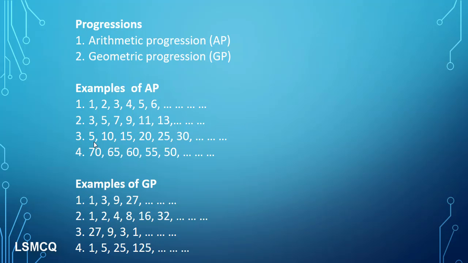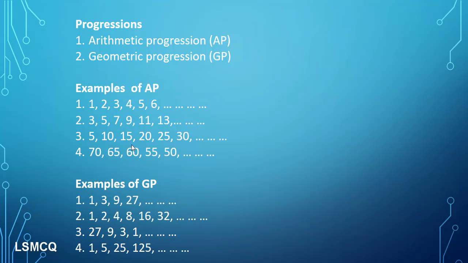Let's go to the third example. In the third example, the first number is 5. This is also called the first term. The first term of the series is 5. The second term is 10. The third term is 15. If you look at the difference, we can see that 10 minus 5 is 5, and 15 minus 10 is also 5. Similarly, 20 minus 15 is 5.